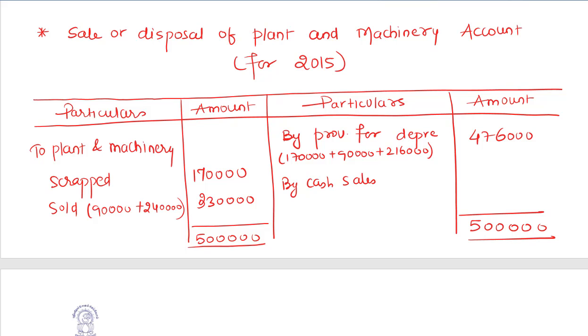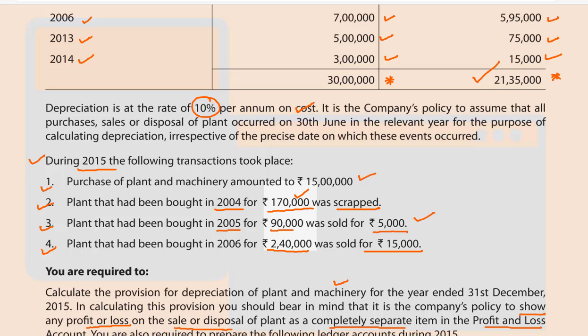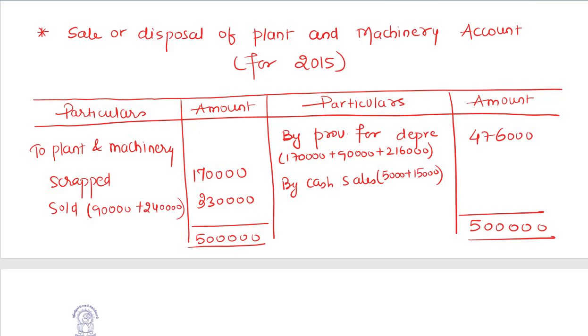By cash sales, machinery sold 5,000 and 15,000, so 20,000. By loss on sale, 5 lakh minus 4,76,000 minus 20,000, it is 4,000.